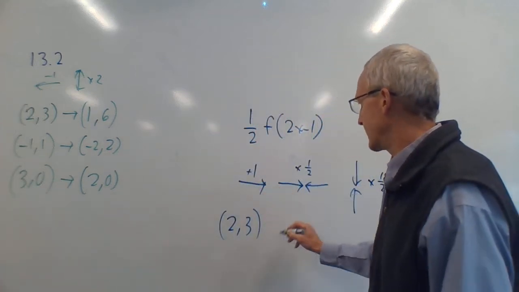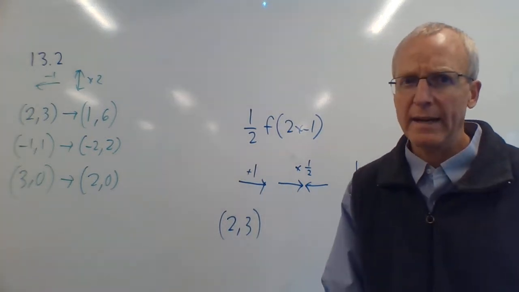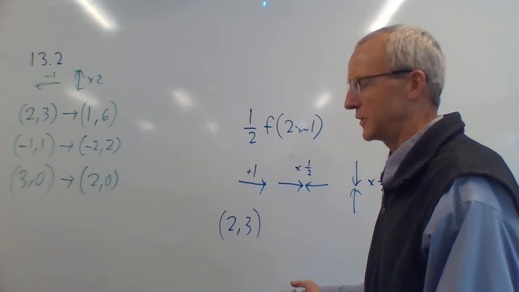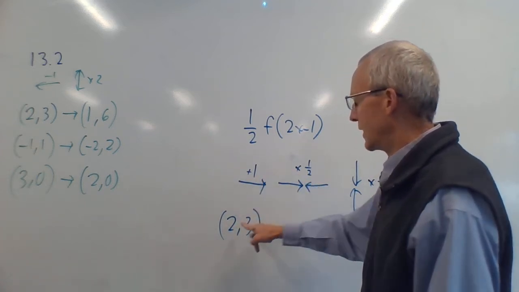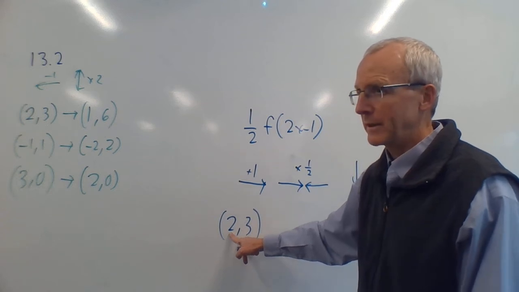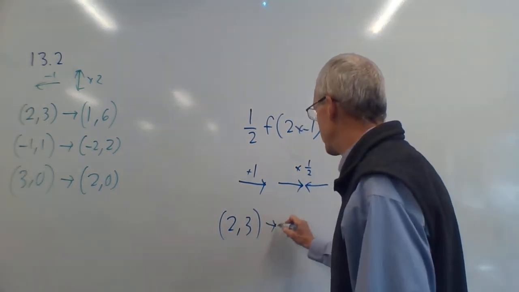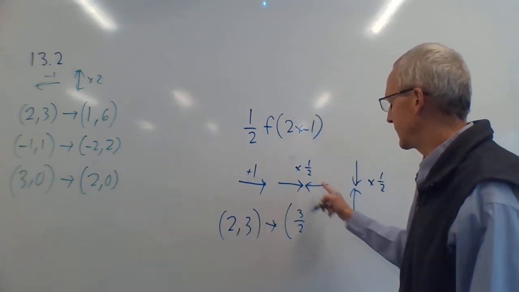We're going to add 1 to the x. And by the way, if we do more than one step in a direction, it's good to do each step at a time, right? I could do it in my head. But first we add 1, and then we multiply it by 1/2. So if we add 1, we get 3. Then we multiply it by 1/2, so it's 3/2. So the x value goes to 3/2.